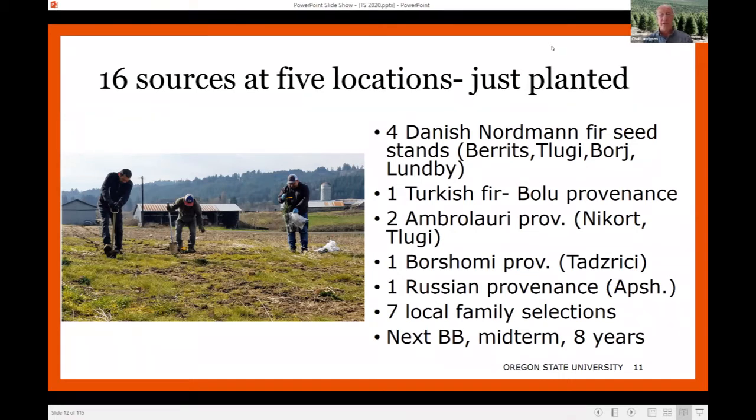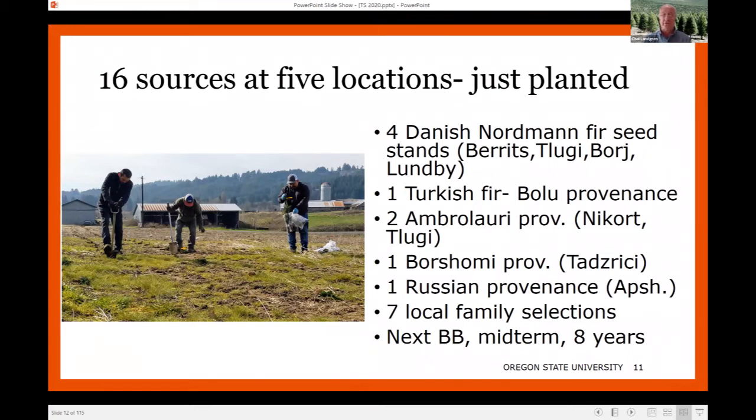These are essentially estates in Denmark where they've been growing Nordmann fir for years, and they've set up orchards that seed is collected from and sold. 3 of these, Barrett's, Tabugi, and Borshomi, have been in production for a number of years. Lundbygard is a new source from an orchard that's probably the most recent of all of these.